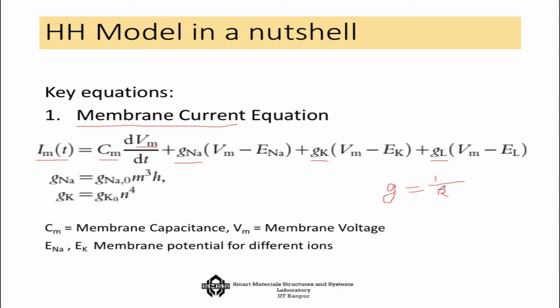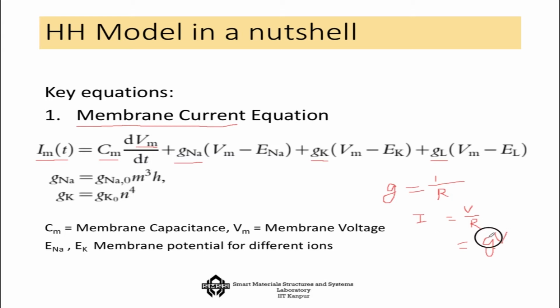Just like we usually write current as V over R, in this case we will write the current as g times V, conductance times the voltage.